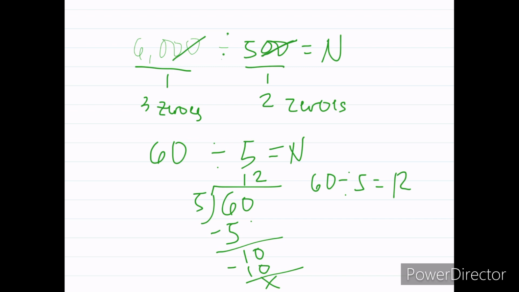Now let's try another example. What if we have 450 divided by 50 is equal to blank? Again, the easiest way to divide numbers having zeros in both divisor and dividend is to use the steps. First, count the number of zeros. In our dividend, we have 1 zero, and in our divisor, we also have 1 zero. Next, drop or cross out the zero.